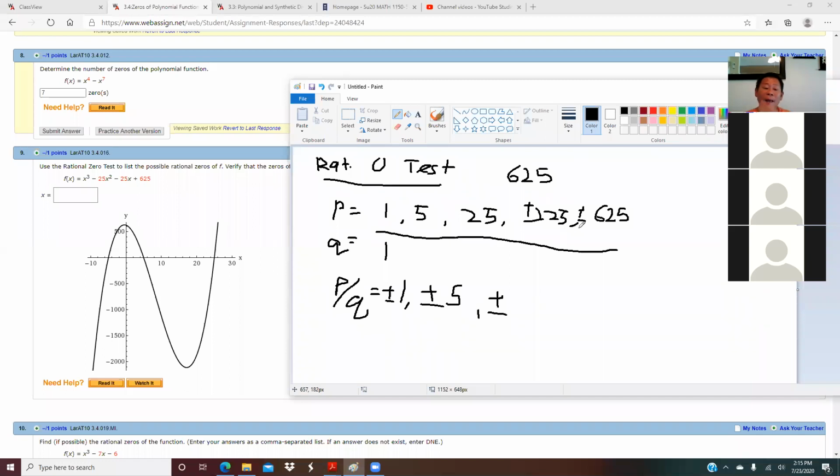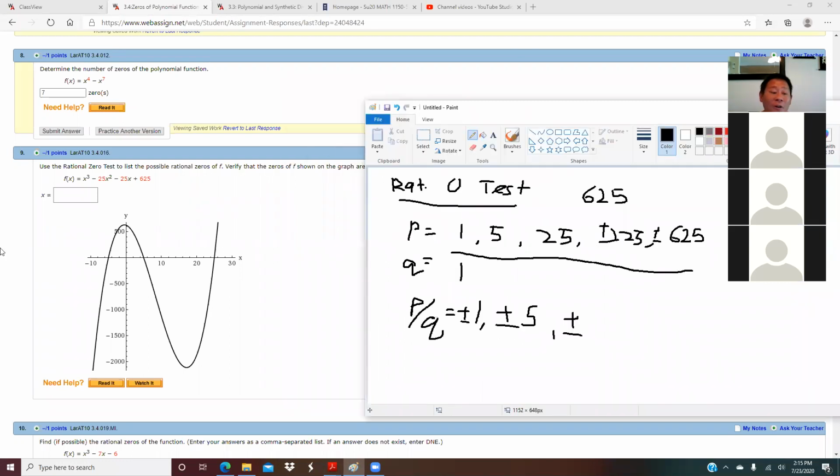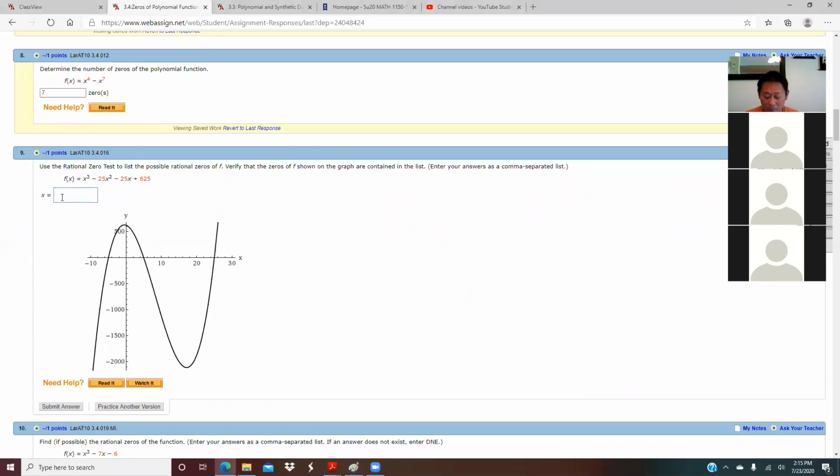Now, as you guys know, your online homework doesn't like plus minus. So how you do this in your online homework is you have to enter positive 1, negative 1, positive 5, negative 5, positive 25, negative 25.